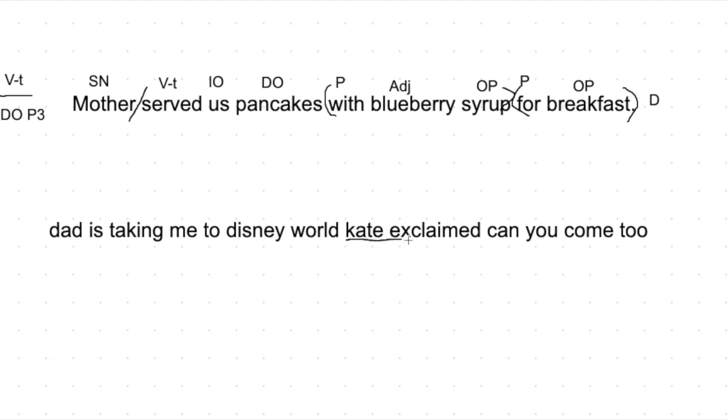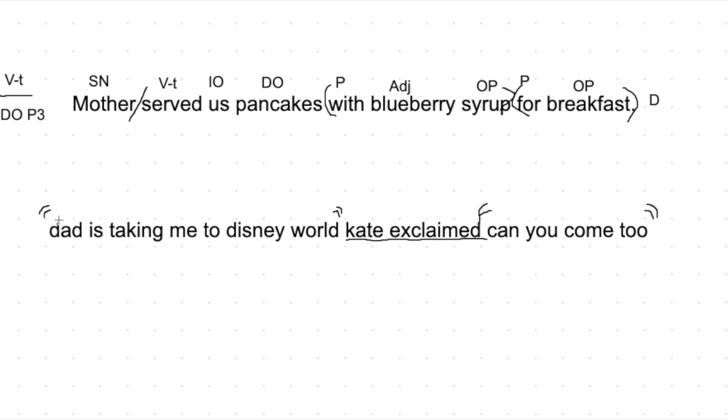Kate exclaimed. Let's put our quotation marks around the first sentence. And we know we have explanatory words that come in between the two sentences that are quotations. So we need to put quotation marks around both sentences.